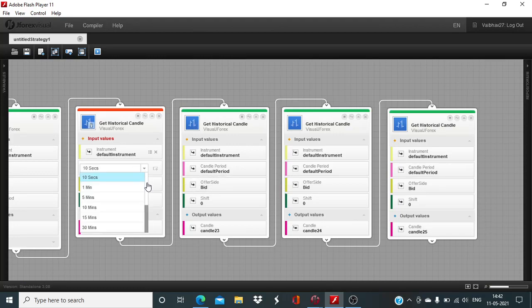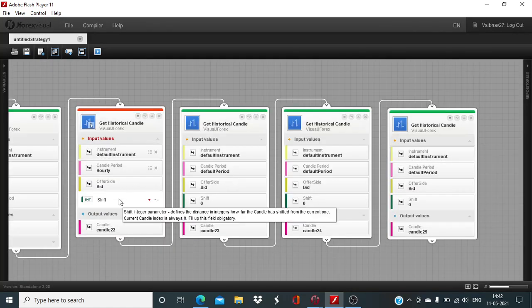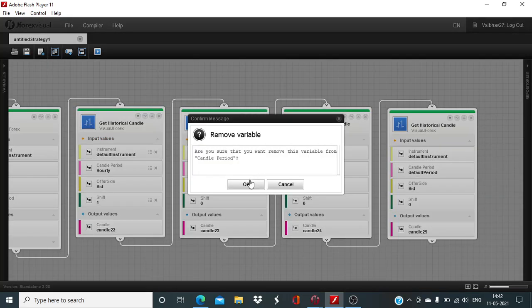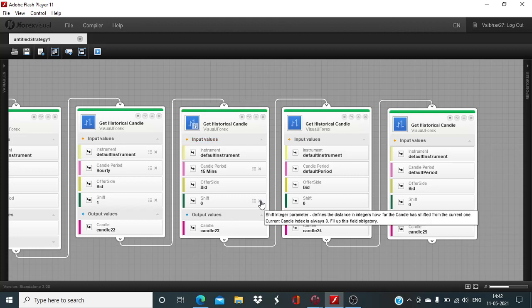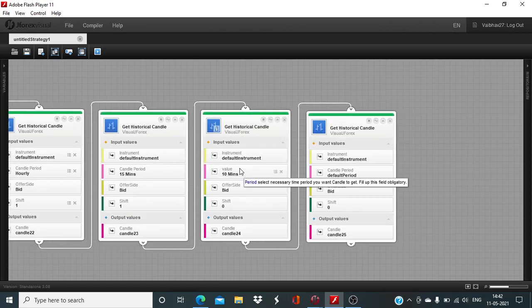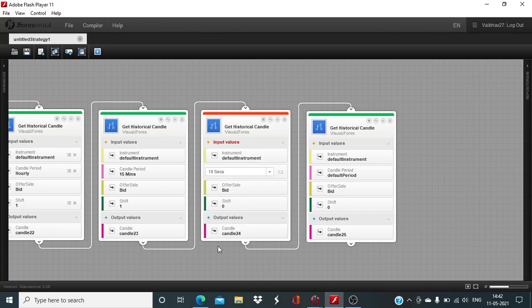I will change this to hourly. Shift value of 1, another 15 minutes. Shift value of 1. So we will be looking at the price data from last 15 minutes, and this will be changed to 10 seconds.